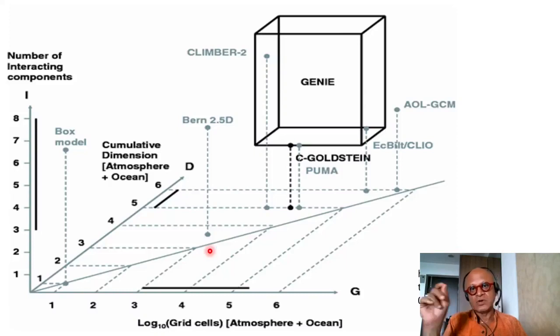If your main goal is to look at how atmosphere and ocean have changed at a coarse resolution over 135,000 years, you wouldn't run a full GCM, which will be very expensive. You will use something like a UVic model somewhere in the middle in terms of the complication in grid cells, cumulative dimensions, and number of interacting components.